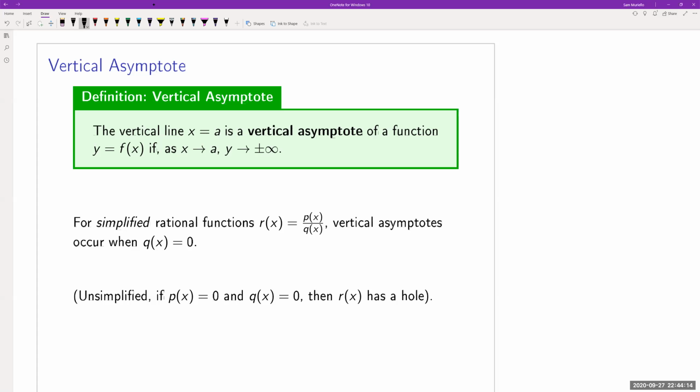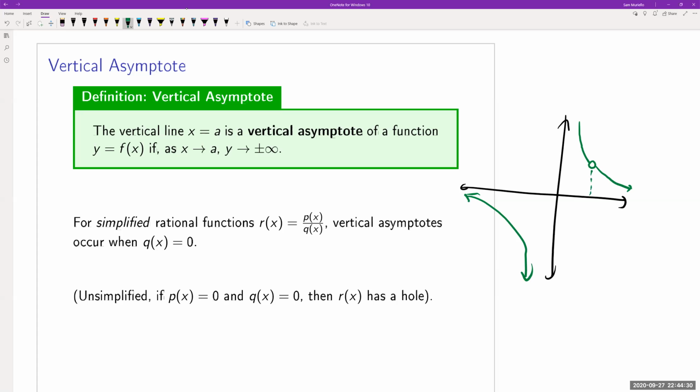So we can see, for example, I may have something like this. This is a lot like the previous function, but I created a hole here. What this equation would look like would be y is equal to 1 over x multiplied by, let's say this is 2, x minus 2 over x minus 2.